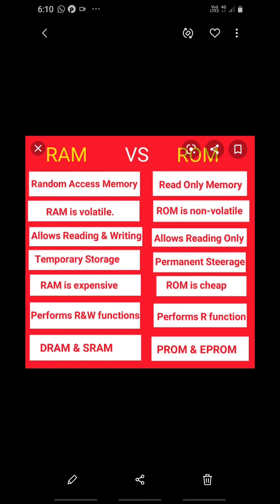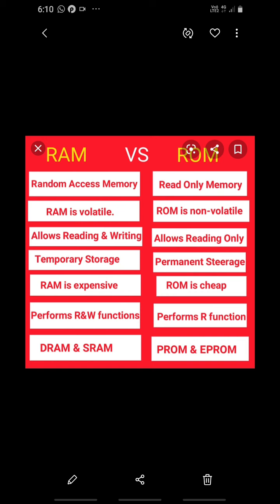ROM, read-only memory. RAM is a volatile memory. ROM is a non-volatile memory. RAM allows reading and writing. ROM allows reading only. RAM is temporary storage.